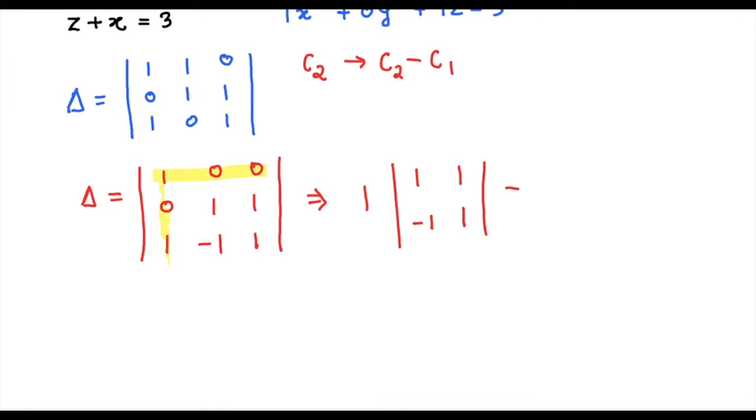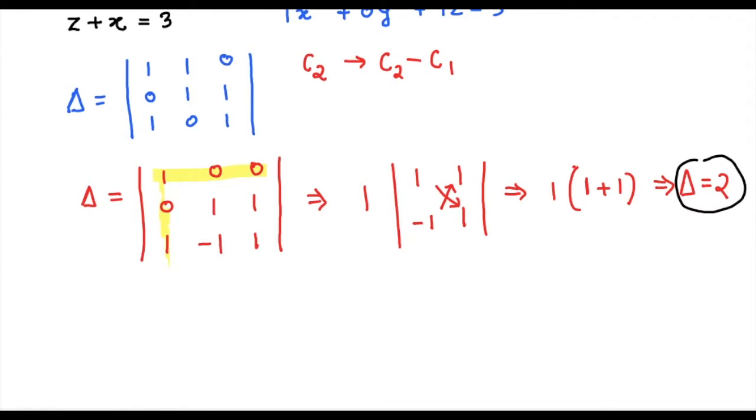So it will be 1 into cross multiply and subtract. 1 into 1 is 1, 1 into minus 1 is minus 1, and subtract them. So you will get 1 plus 1, you will get 2. So the value of del is 2.